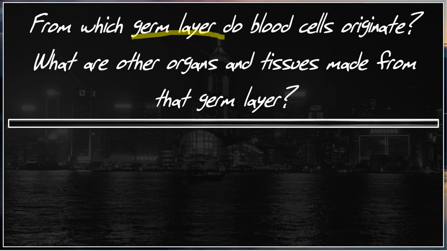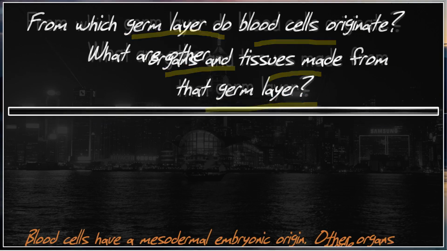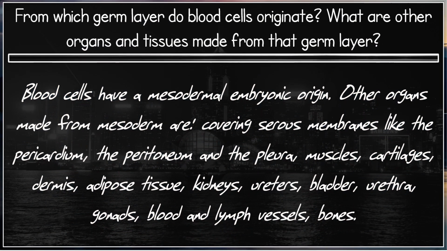From which germ layer do the blood cells originate? What are the organs and tissues made from that germ layer? Blood cells have a mesodermal embryonic origin.